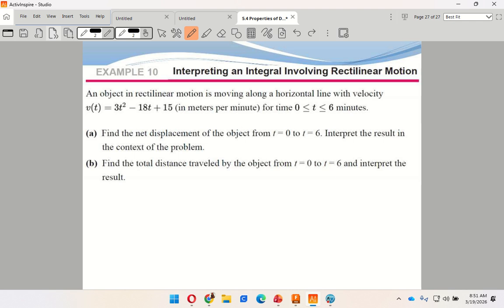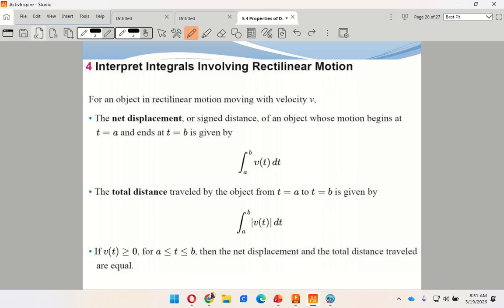Was it just the area? Was there any change to what I was doing? It's the net displacement. Go back to the formula. Am I doing anything weird? No. Net displacement, I'm not doing anything weird.